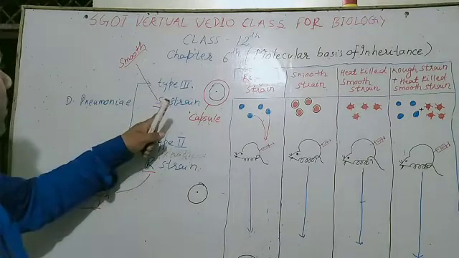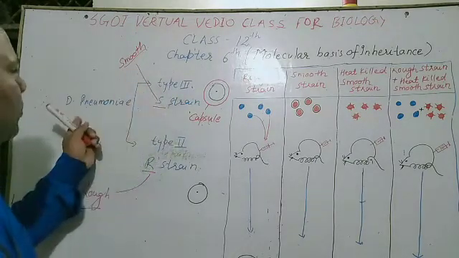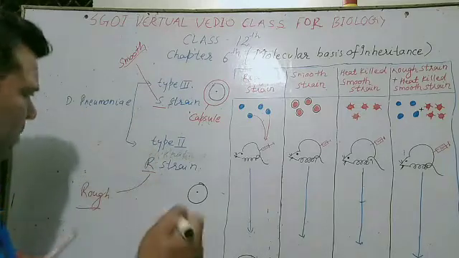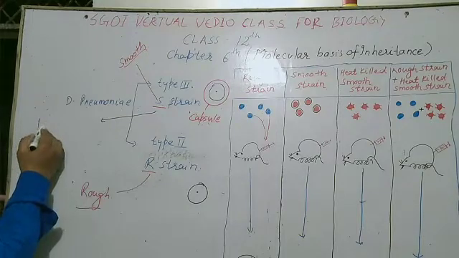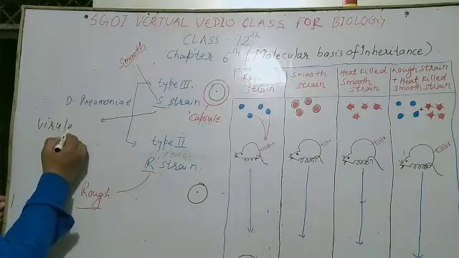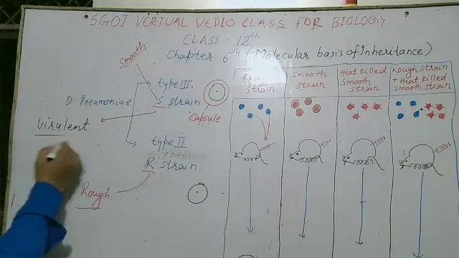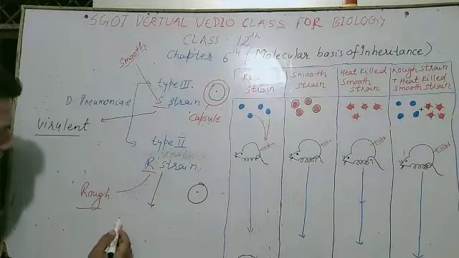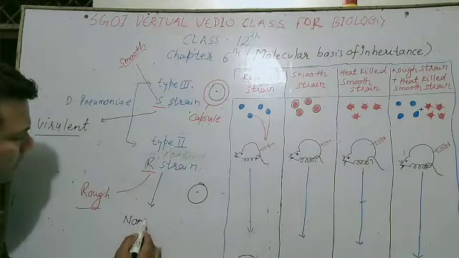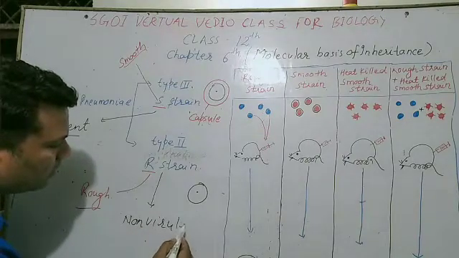This S strain of Diplococcus pneumoniae is virulent. And this R strain of Diplococcus pneumoniae is non-virulent.